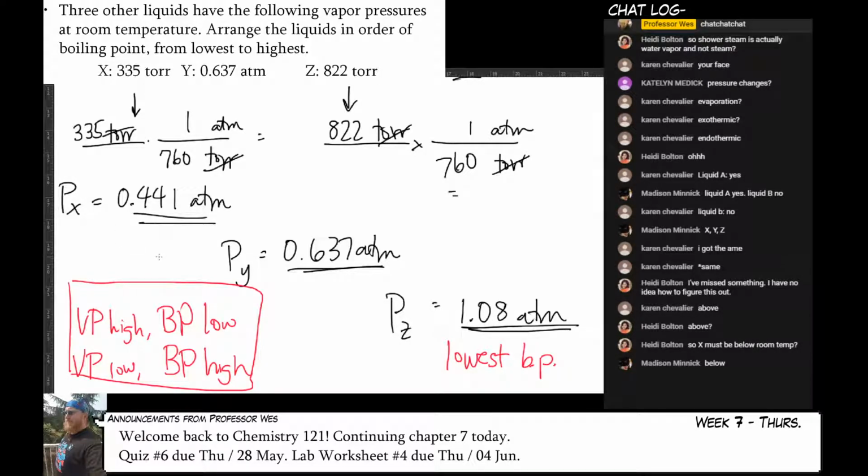So who's going to have the highest boiling point? Is it X or Y? And it is X. Very good. So this is the highest boiling point. And this one is in the middle.